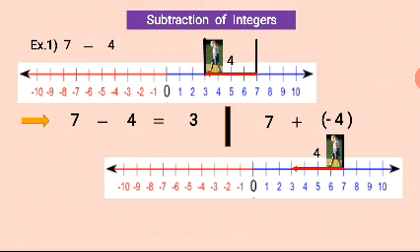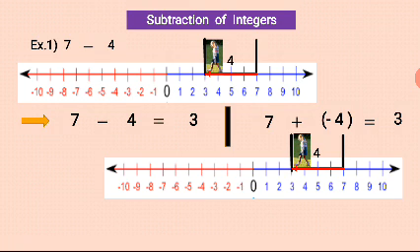See, she comes to positive 3. So 7 plus negative 4 is equal to 3.